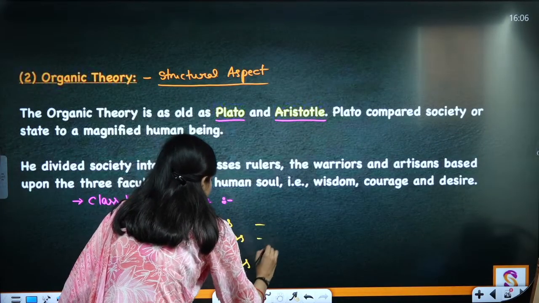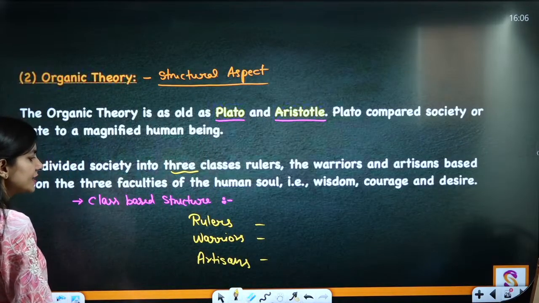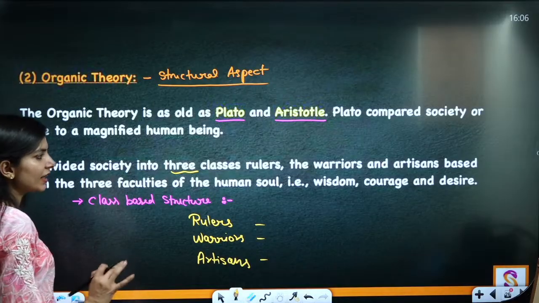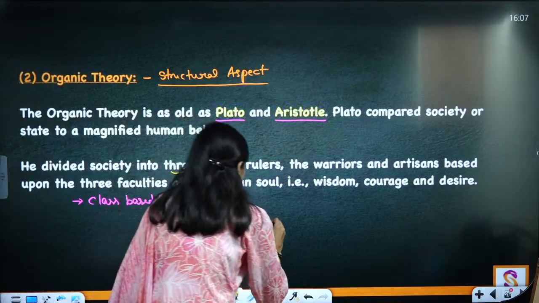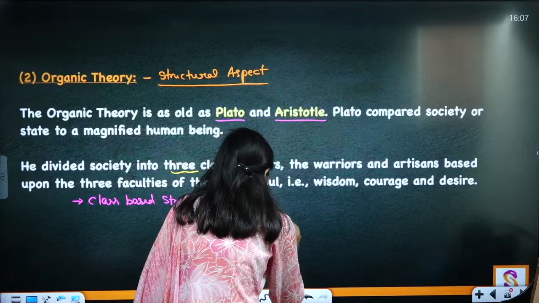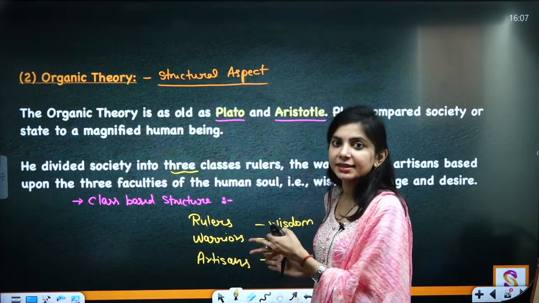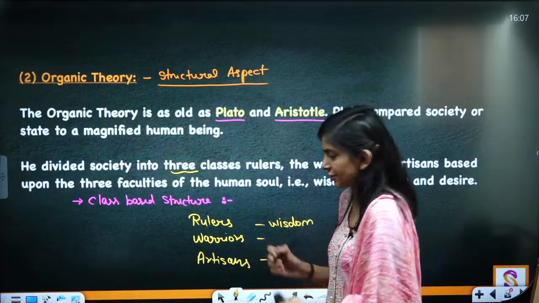He said this was the basic structure. Rulers are there because they have wisdom. Warriors are there because they have courage.